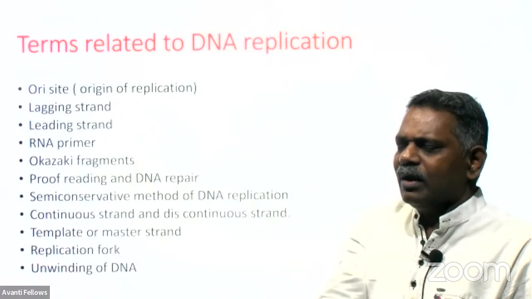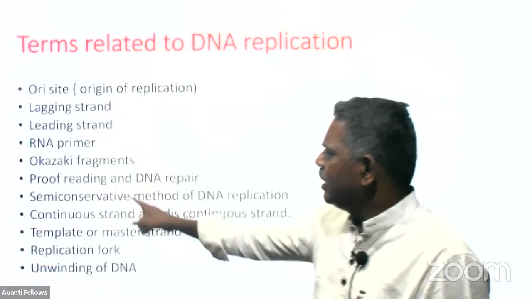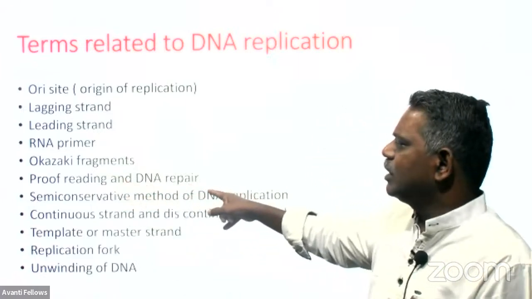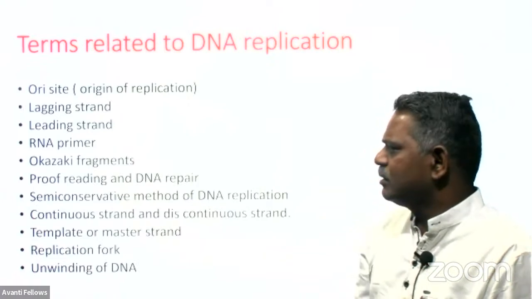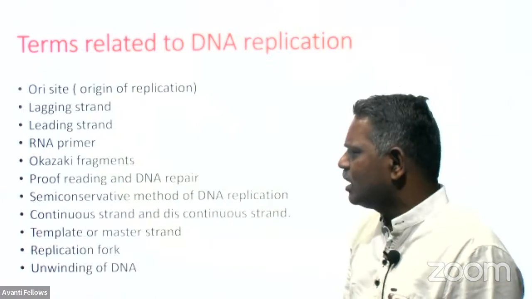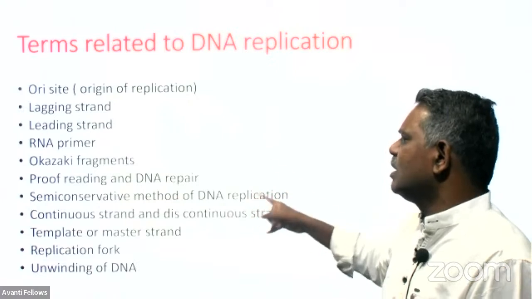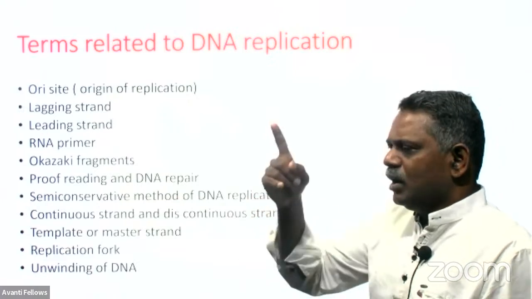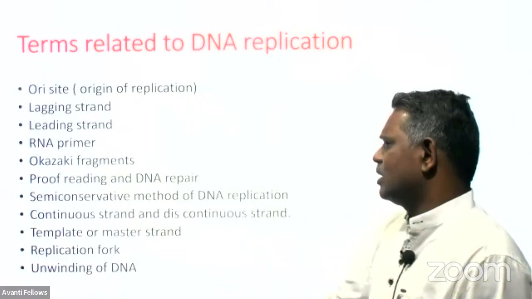Their template strand is the 5' 3' strand only. And proofreading and DNA repair is inspecting the entire length of the newly constructed DNA by the DNA polymerase enzyme to find mistakes. Then the semi-conservative method of DNA replication: during the replication of the DNA, only one strand is conserved and the other one is newly constructed.